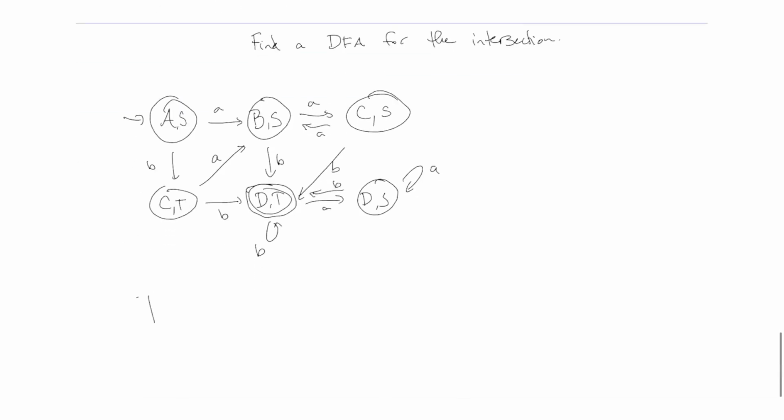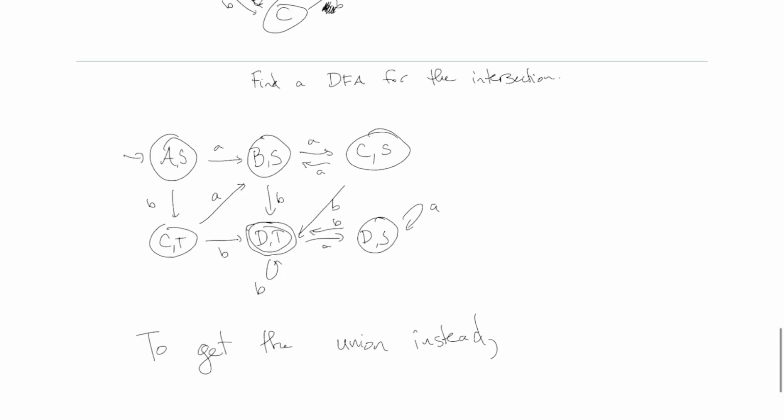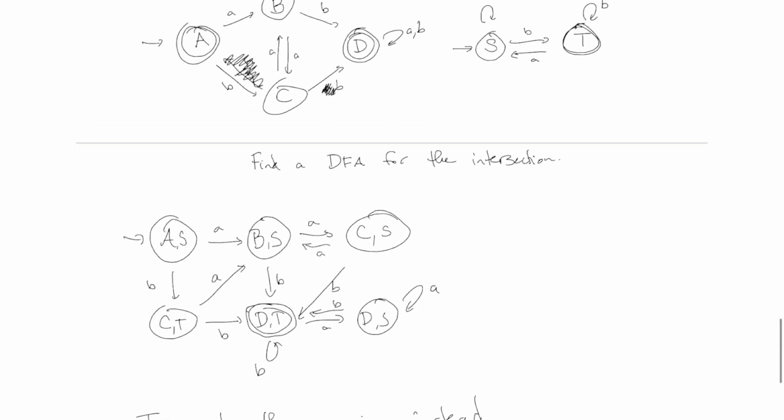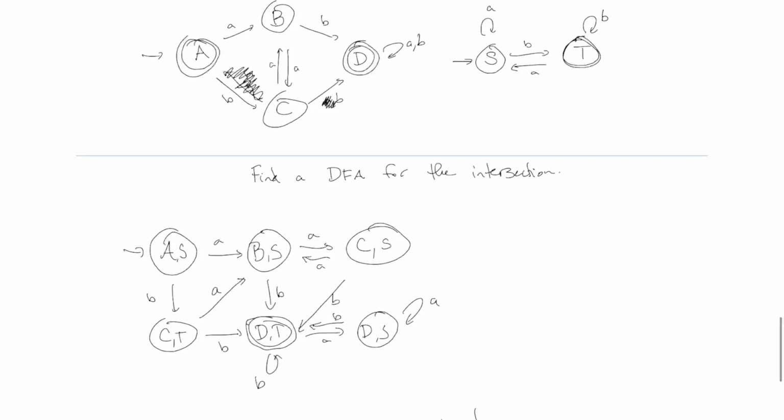So, can anyone suggest how we would get the union instead of the intersection? You have to think about there was only one thing where we even cared about the fact that it was intersection at all, and that is the fact that down here I choose the accepting state to be things which are accepted here and also here. How would I do union? It's or. Yeah, you just do the same thing but use sort of or.